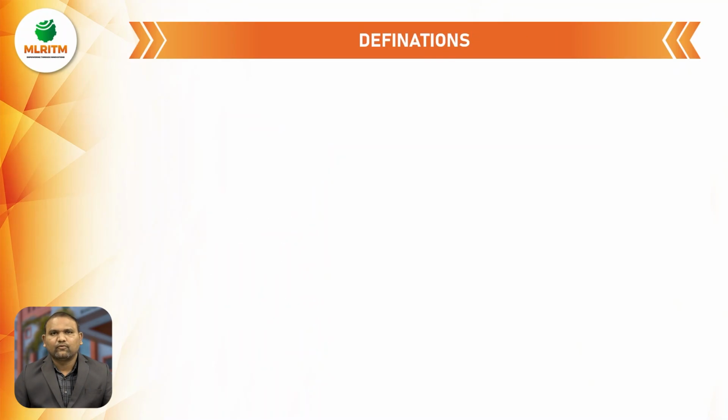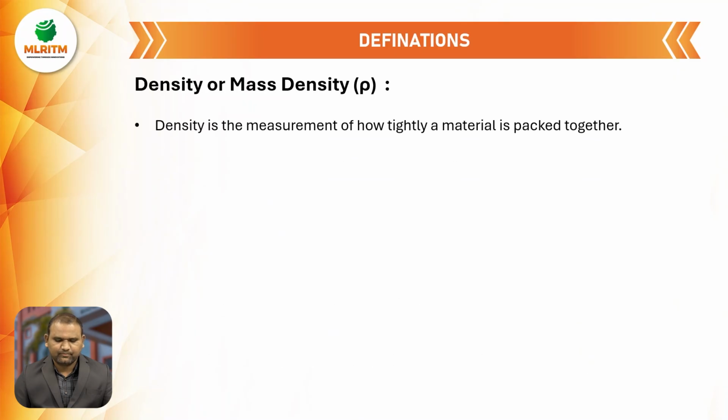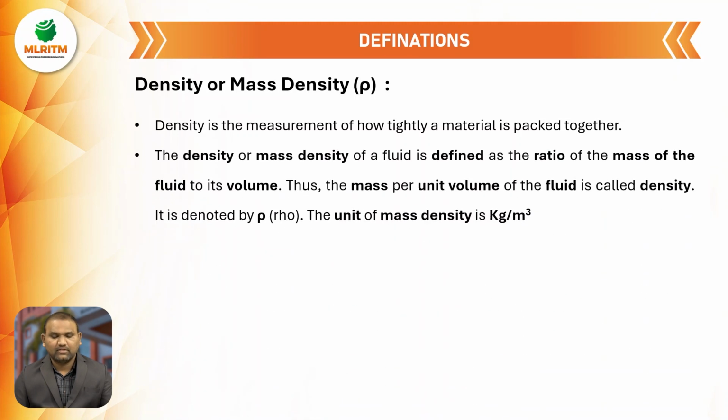definitions of fluid properties. Density or mass density. Density is the measurement of how tightly a material is packed together. The density or mass density of a fluid is defined as the ratio of mass of the fluid to its volume.